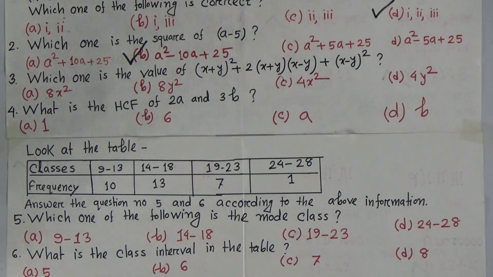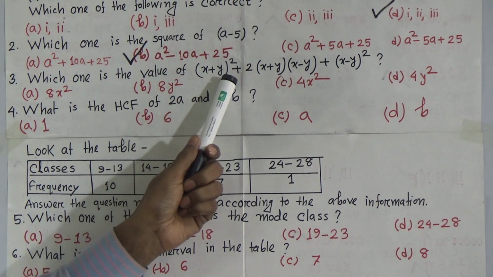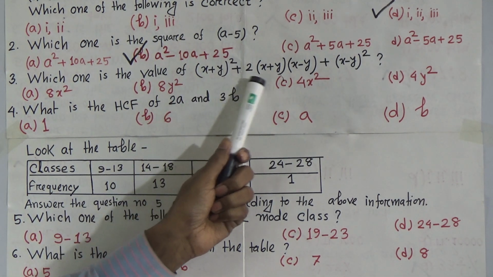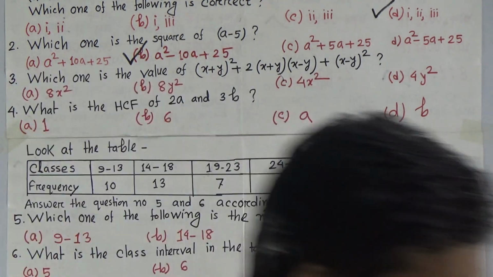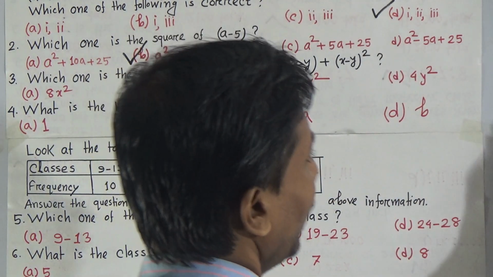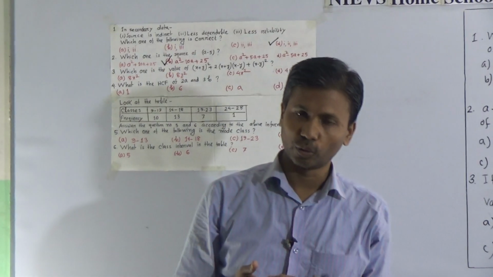Now question number 3. Which one is the value of x plus y whole square plus 2 into x plus y into x minus y plus x minus y whole square? Dear student, you know the formula of A plus B whole square.